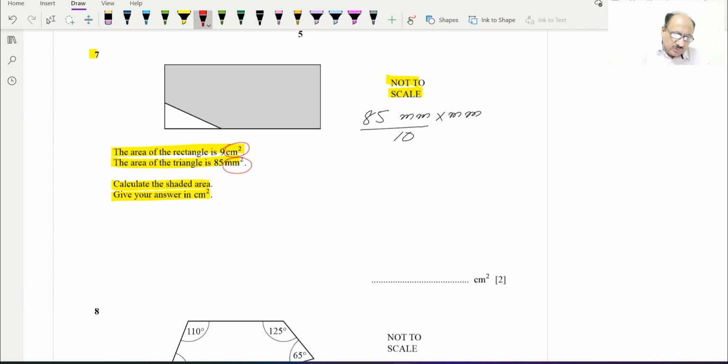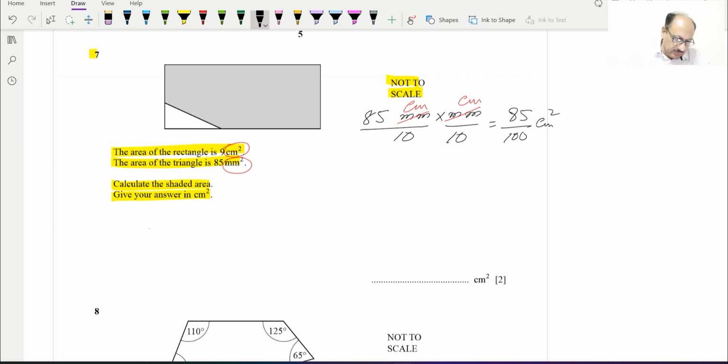Now this one will be centimeters, and to convert this as centimeter we will divide by 10, and now this is centimeter. So we can write 85 over 100, and this will be centimeter square. So we converted this into centimeter square.